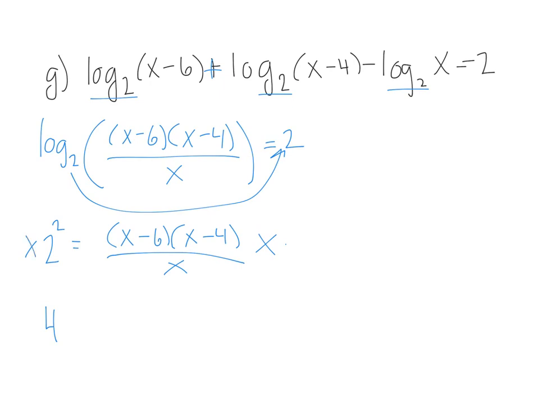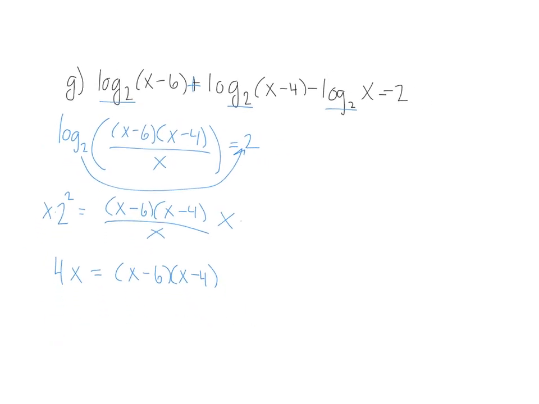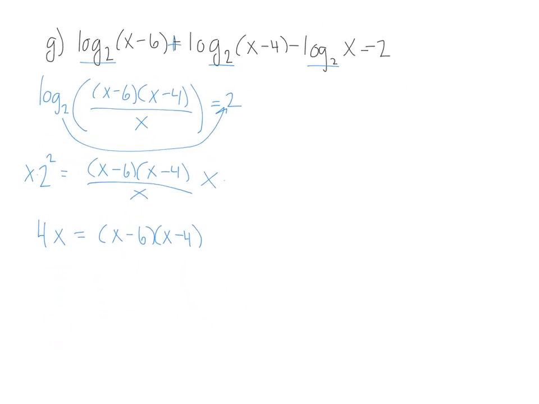Okay, there we go. So we've got 4x is equal to (x minus 6) times (x minus 4). Let's go ahead and distribute through this side of the equation. So we end up with x squared minus 10x plus 24 equals 4x.